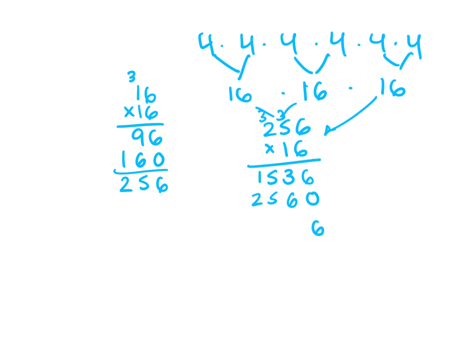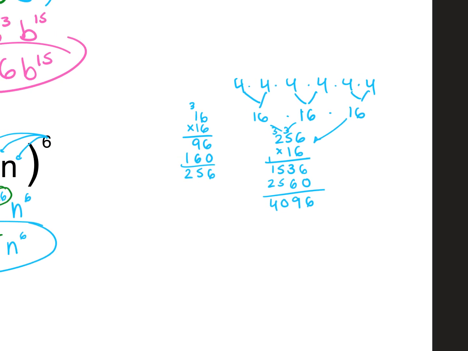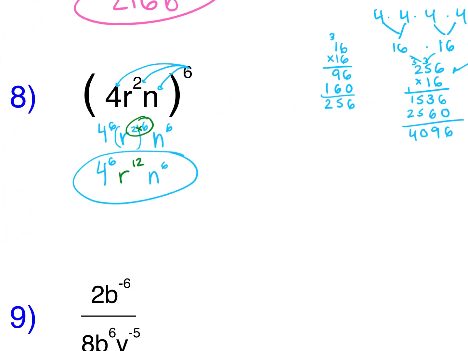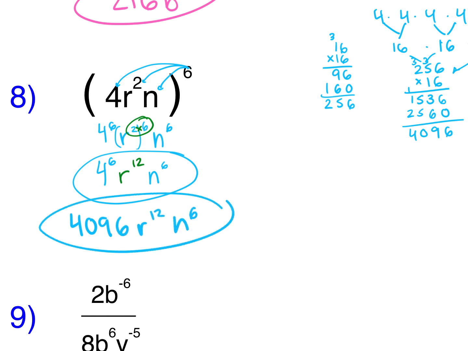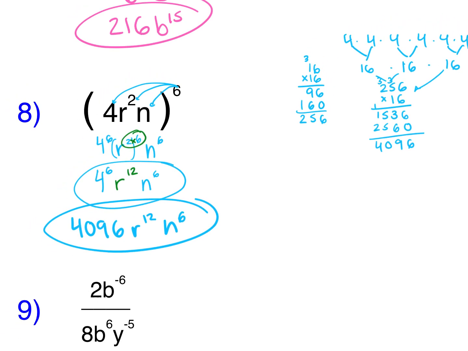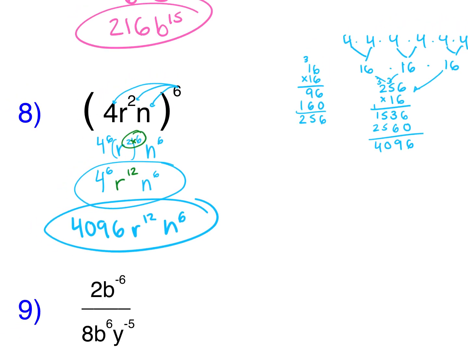So here we have 6, 9, so it's 10. So 4,096. Is that what your calculator said? No, I didn't need to calculate. So when we multiply this out, we get 4,096 r to the 12th power, n to the 6th power. We won't have a calculator for the test, so you got to make sure you know how to multiply big numbers.